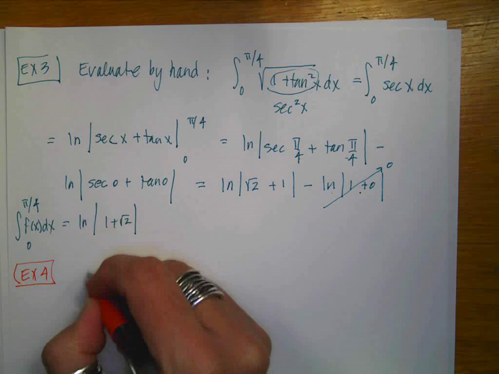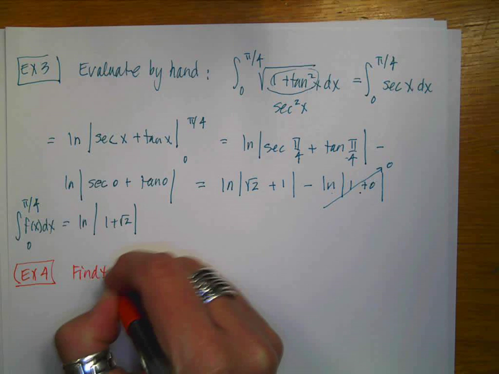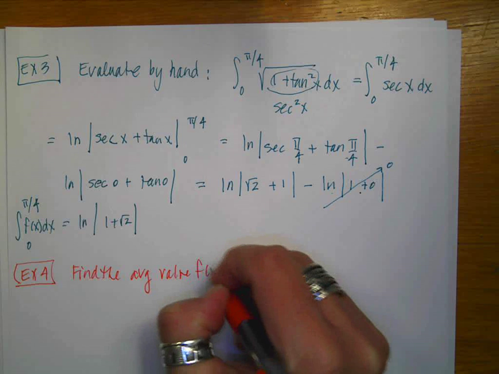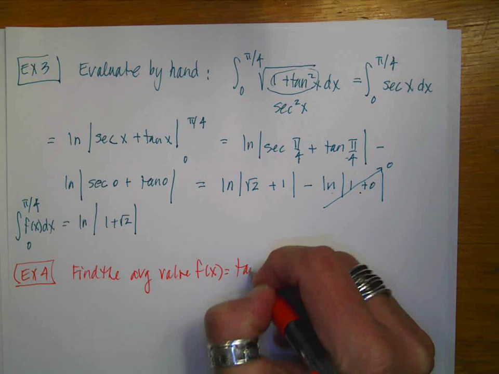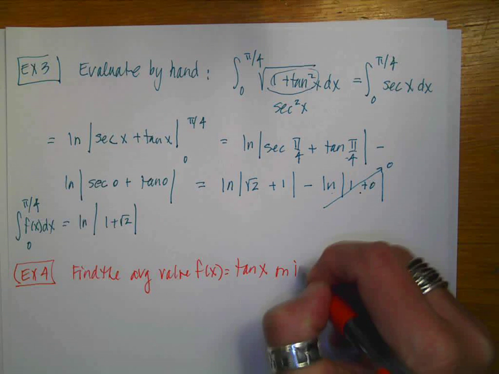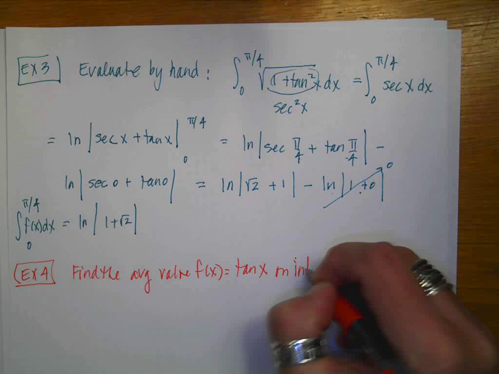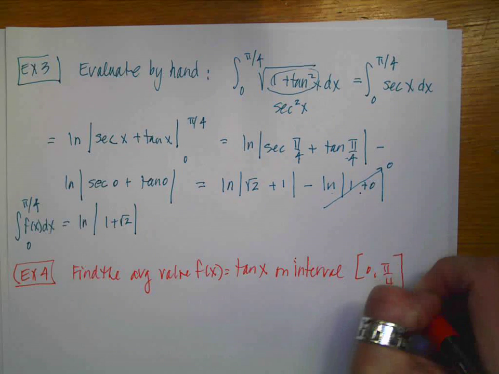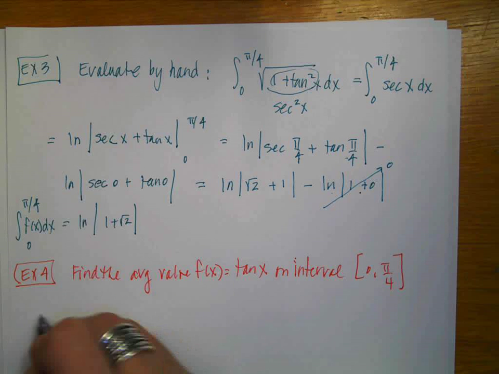All right, we have one more example. Example number 4 says find the average value of f of x equal to the tangent of x on the interval from 0 to pi over 4. Okay.